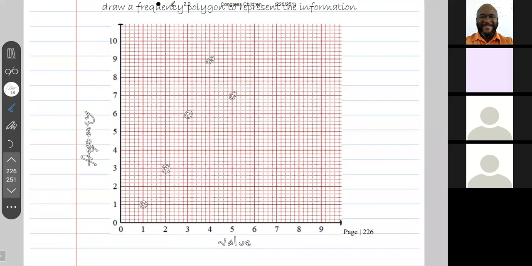4. Now, the frequency polygon must be drawn using a ruler.